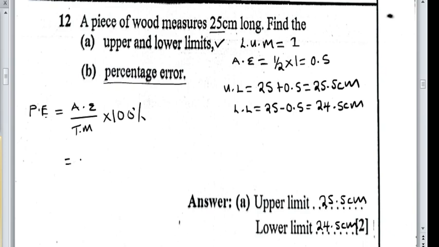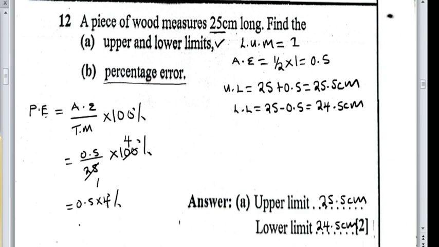So the absolute error is 0.5, then the true measurement was 25 centimeters, then that multiplies 100%. So 25 into 25 is 1, 25 into 100 is 4, then what remains, you say 0.5 multiplied by 4%.